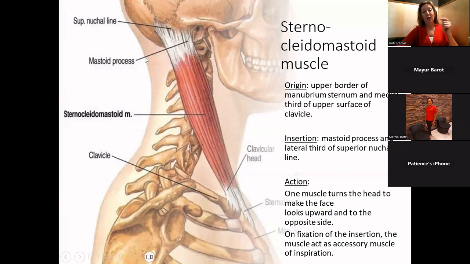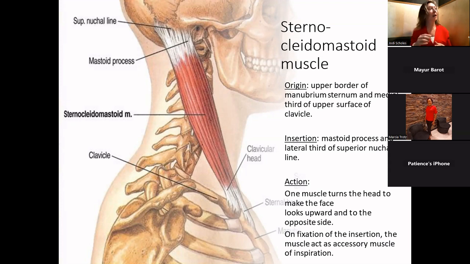So in looking at origins and insertions, I've mentioned before, I'm not a stickler about origins and insertions. However, one thing that is interesting is that the muscle moves in the direction of the origin.